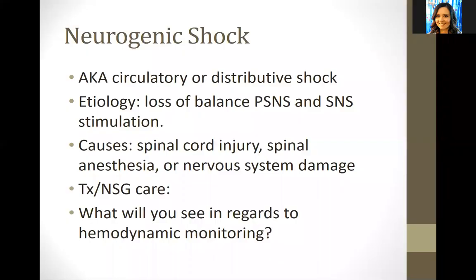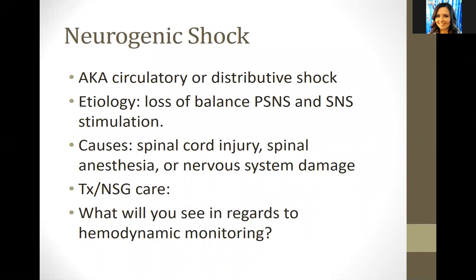Our last shock that we'll talk about is neurogenic shock. So this is the shock that's most different from all the rest. It's a circulatory or distributive type of shock, but it's caused by an imbalance in the parasympathetic nervous system and sympathetic nervous system. So something happens, maybe it's a spinal cord injury, maybe it's from spinal anesthesia or other nervous system damage.